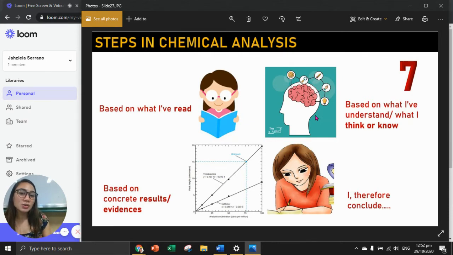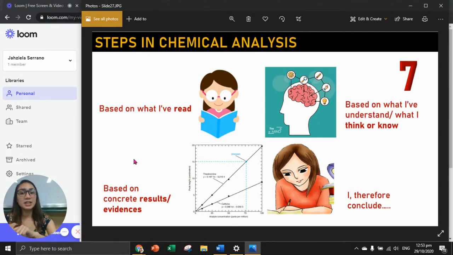Okay? So, ang conclusion, ibig sabihin lang yan, you have to combine everything na nabasa nyo, lahat ng tingin nyo, reliable sources, everything that I've read, and lahat ng naintindihan nyo, lahat ng pumasok sa isip nyo, what you think or what you know or what you understand. And of course, you have to support it with concrete results or evidences, just like in the third picture.